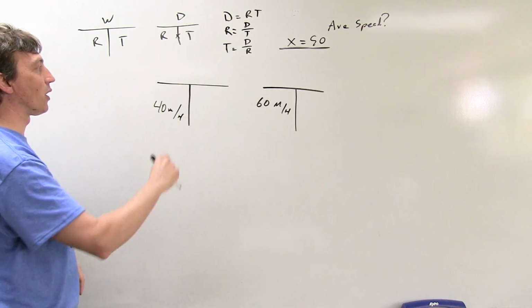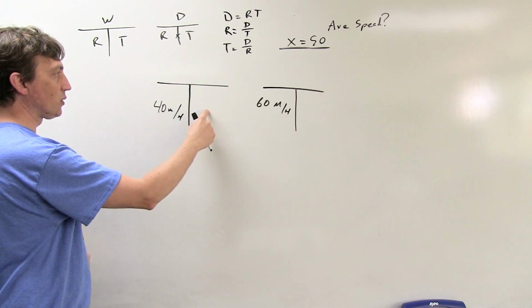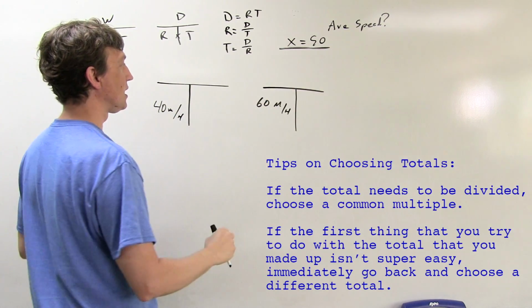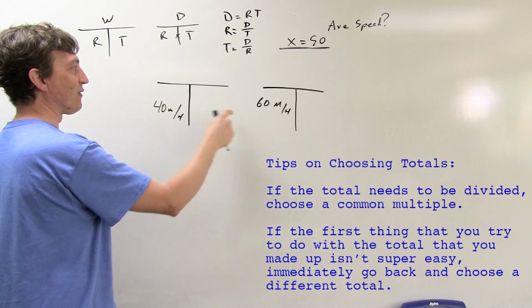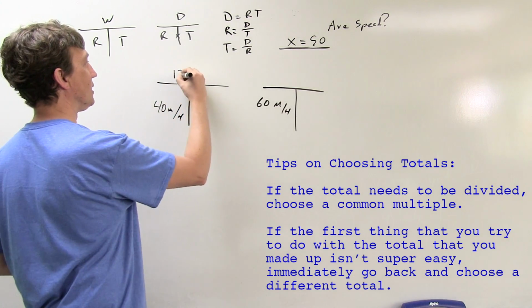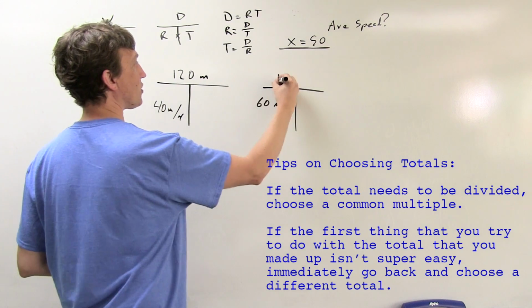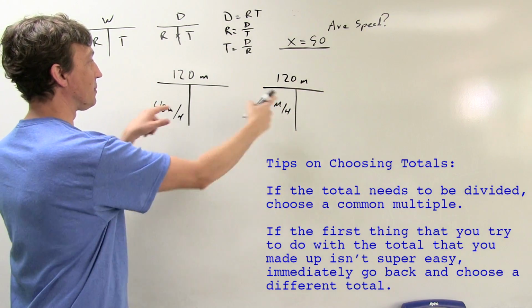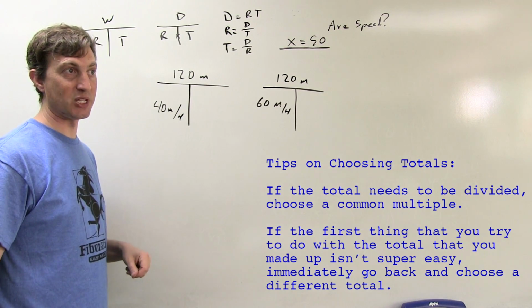T equals d over r. So if I'm working towards getting a time for each of these, I'm going to make up a distance that's going to be easy to divide by 40 and by 60. First number that comes to mind for me is 120. And so if 120 miles is half the trip, then 120 miles is the other half of the trip, and then I'm going to be able to do some relatively simple division.